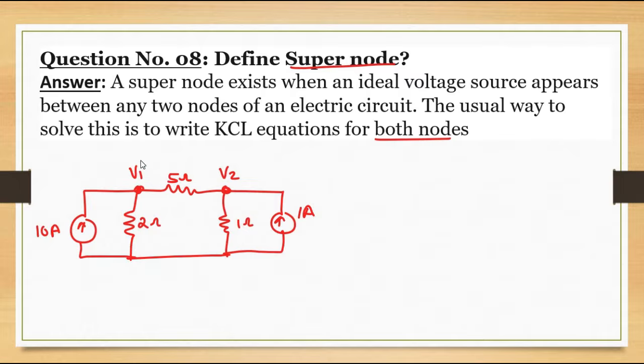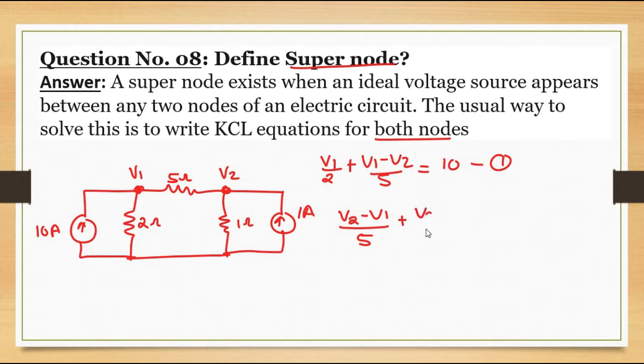Now if you are asked to find the value of V1 and V2, by easily applying nodal analysis, you can write the equation as V1 by 2 plus (V1 minus V2) by 5 equals 10. This will be your equation number 1, and (V2 minus V1) by 5 plus V2 by 1 equals 1.